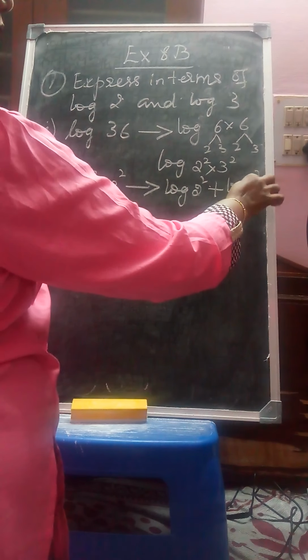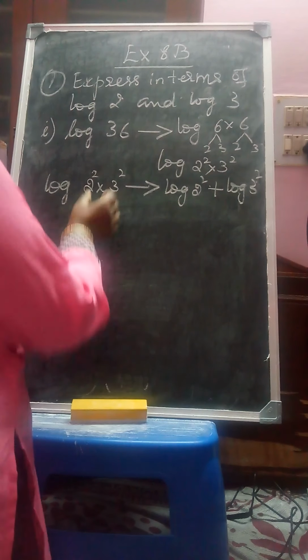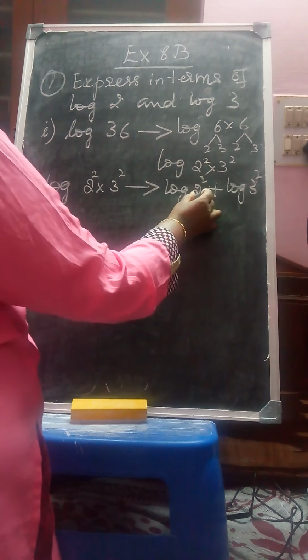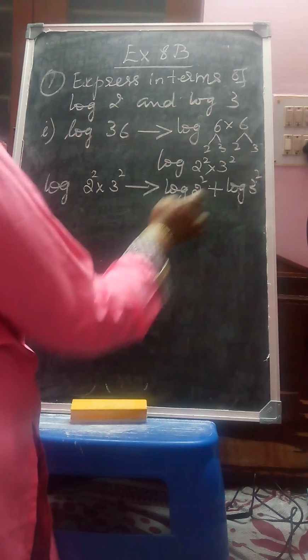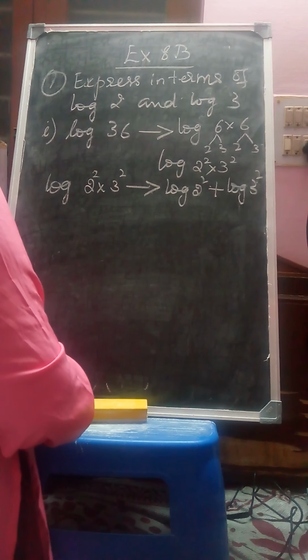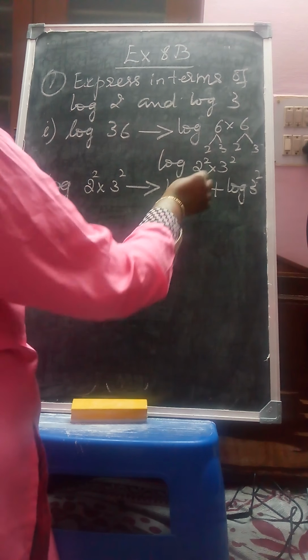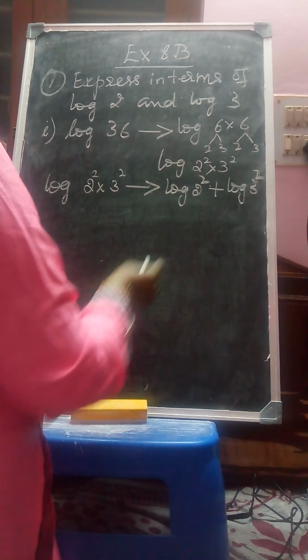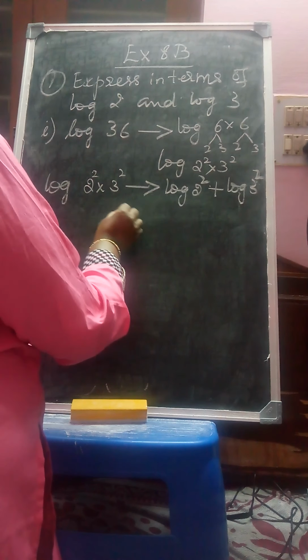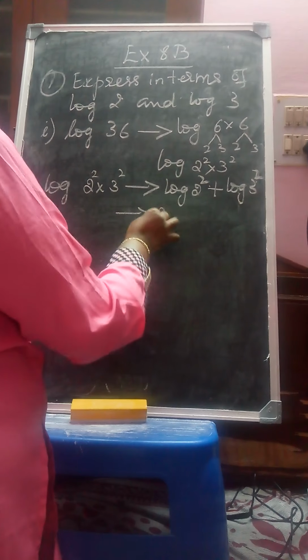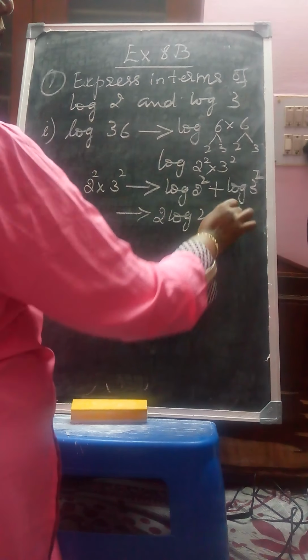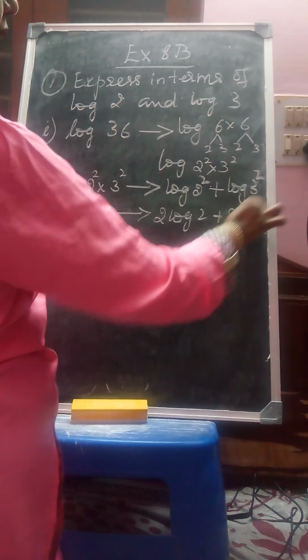See here, the factors of the product I have taken separately and I have taken a plus, sum of the factors. Now again I am using the power law here. This 2 will come in the front. So this will become 2 log 2 plus 2 log 3.